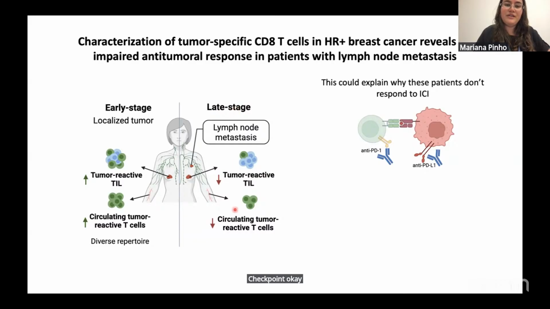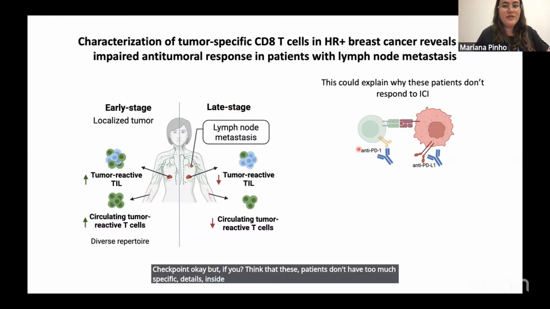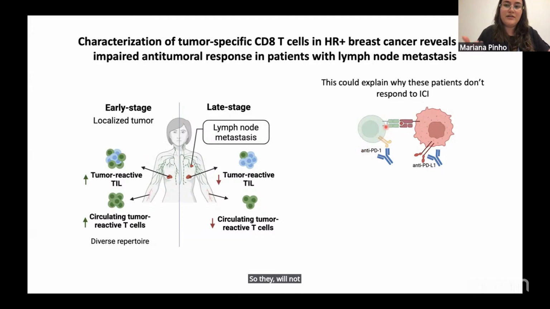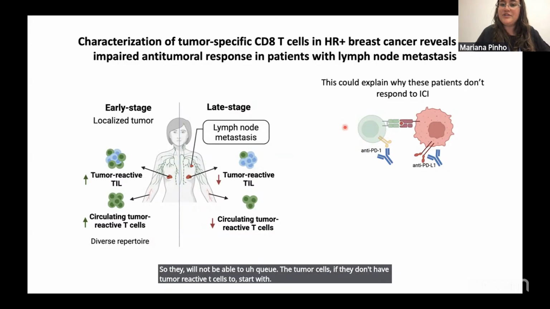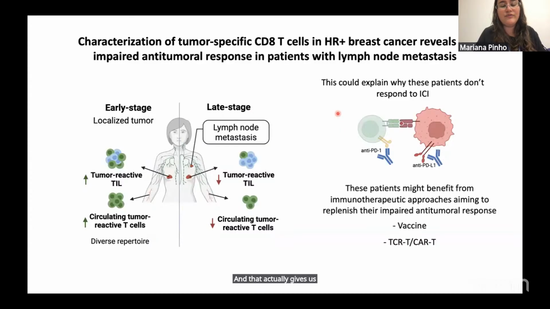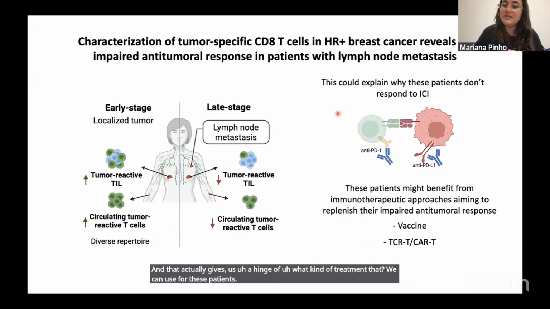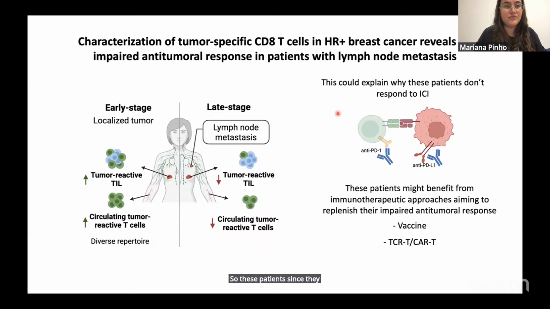But if you think that these patients don't have tumor-specific T cells inside the tumor, there is nothing to release, so they will not be able to kill the tumor cells if they don't have tumor-reactive T cells to start with. And that actually gives us a hint of what kind of treatment we can use for these patients. Since they do have antigens, as I showed before, it's not due to a lack of antigen.